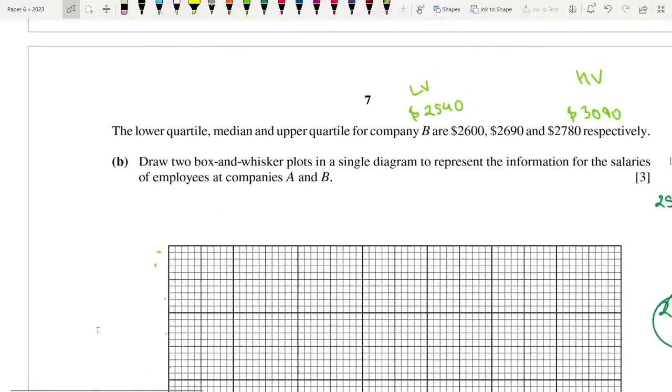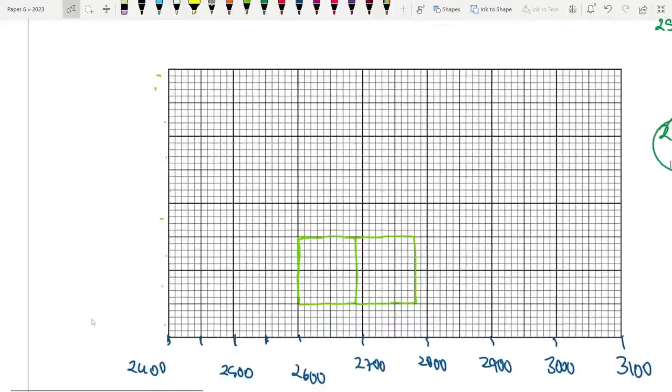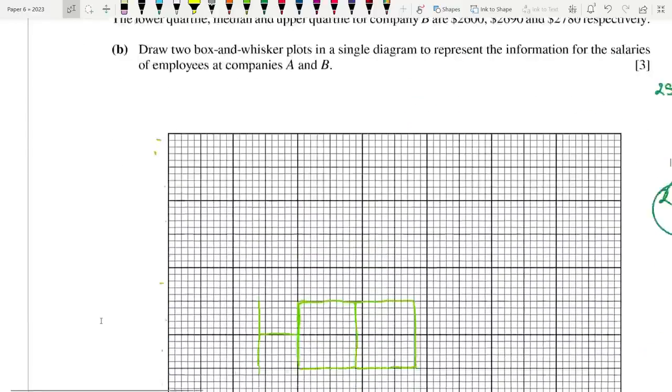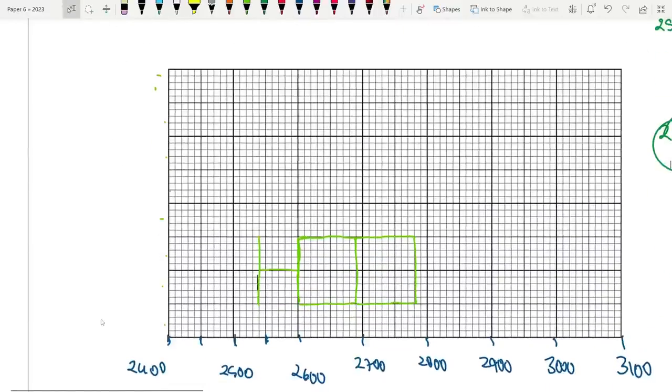And where do they end? 3090 and 2540. 1, 2, 3, 4. You can give the same length or lower. It's honestly up to you guys. And 3090 respectively, which looks like an outlier, honestly.